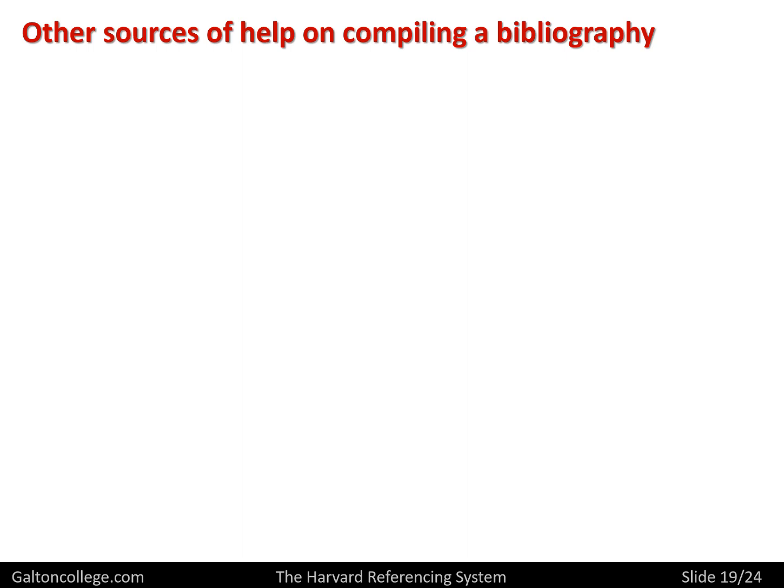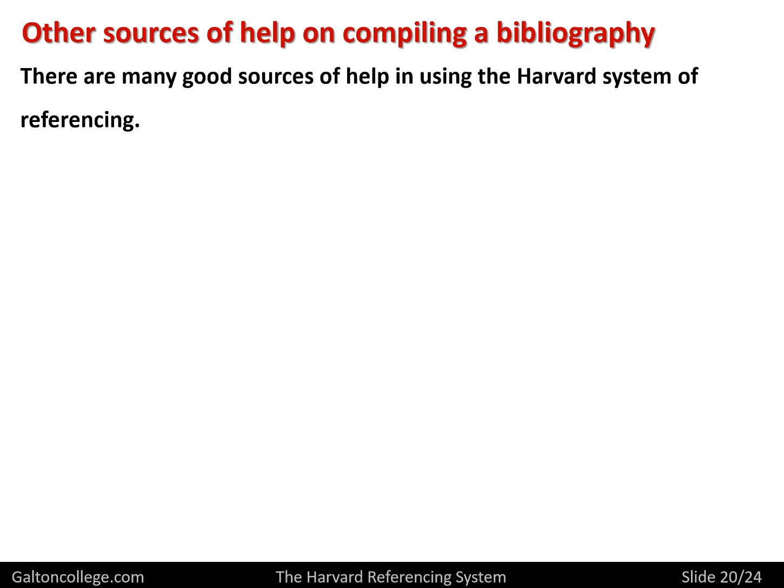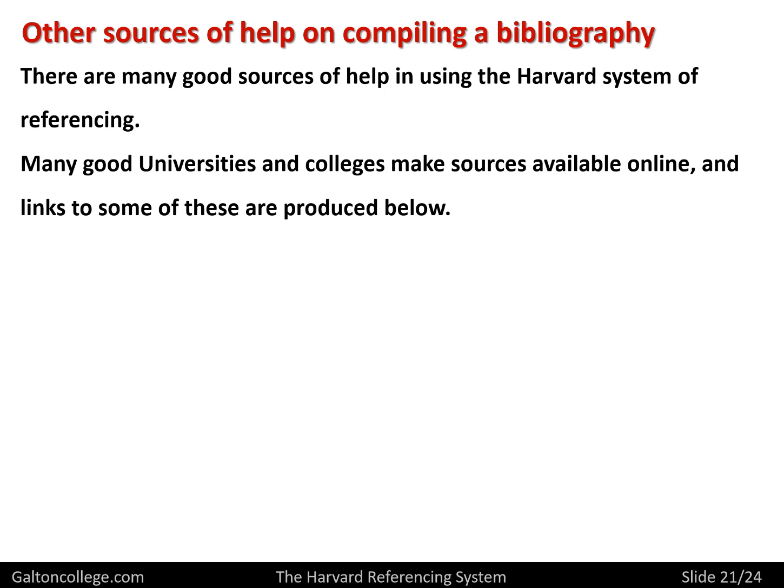Now other sources of help on compiling a bibliography. Well, there are many good sources of help in using the Harvard system of referencing. Many good universities and colleges make sources available online, and links to some of these are produced below. I give some links to these.